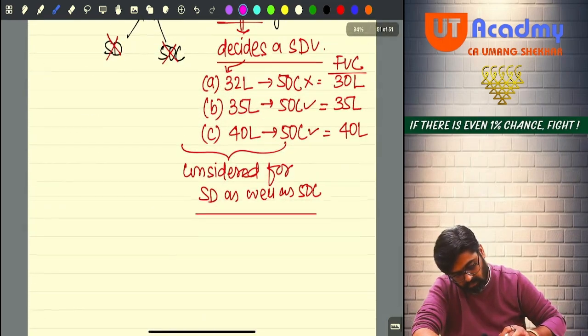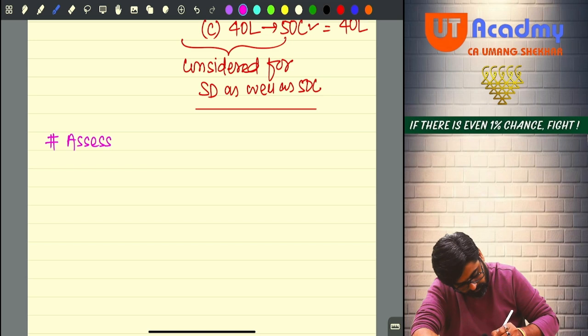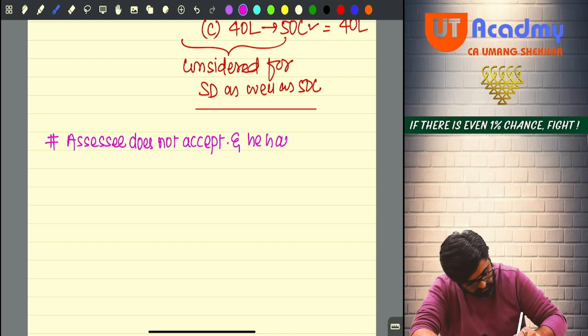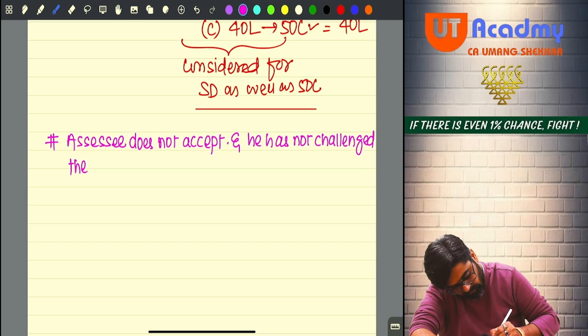The assessee does not accept and has not challenged the stamp duty value.